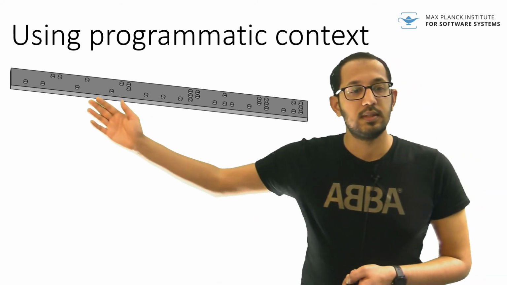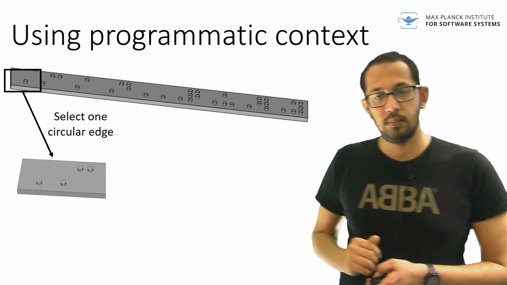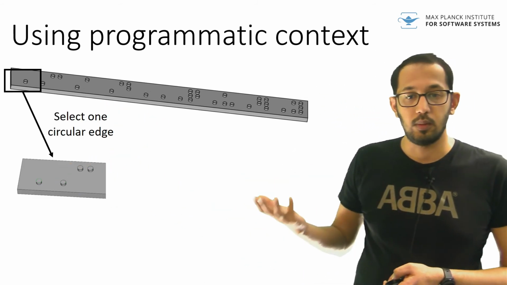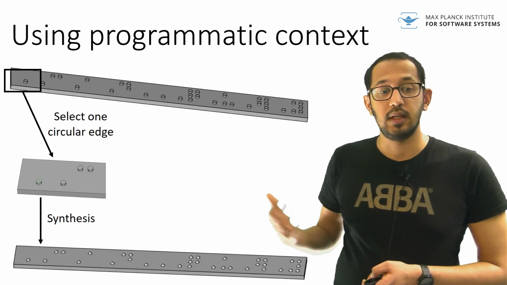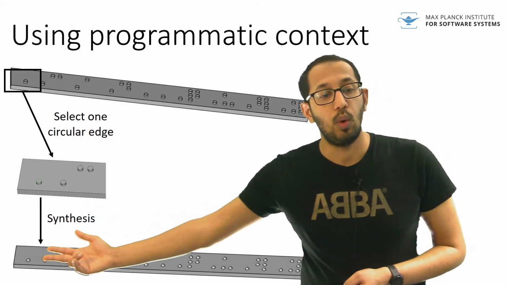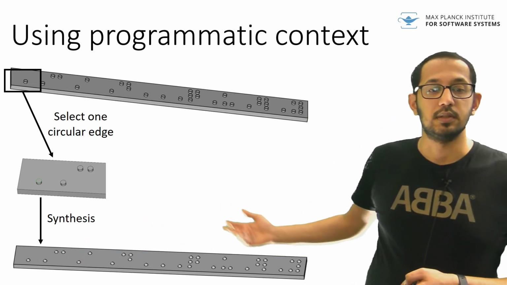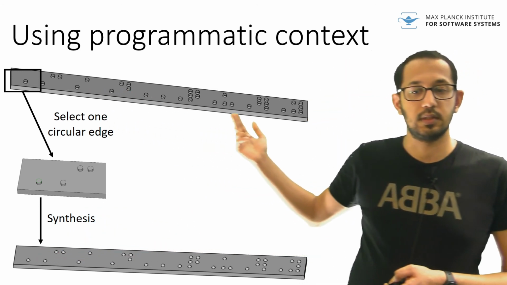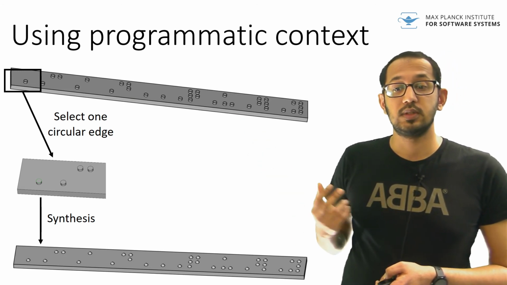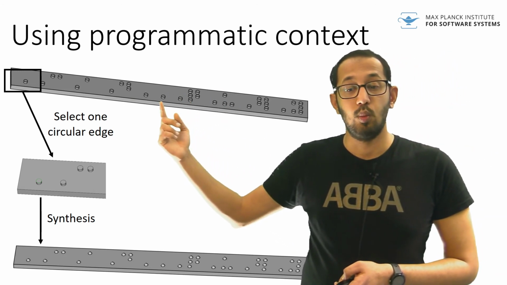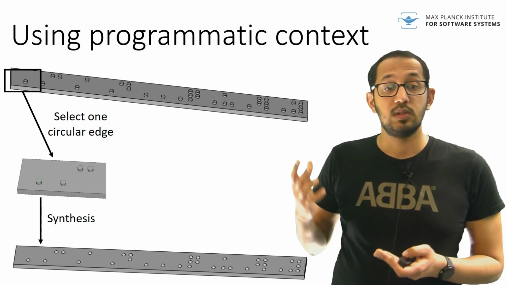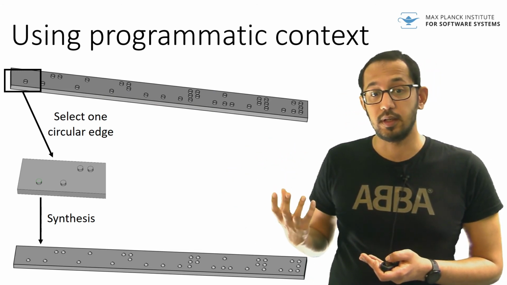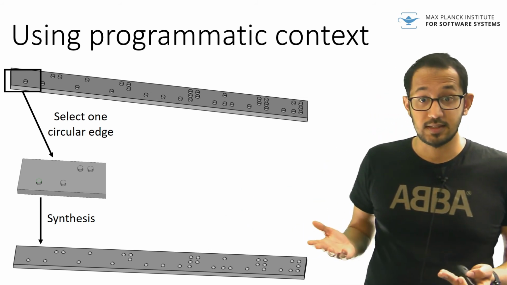Now if we select one circular edge here, so let's say this one, and we round it, what our technique can do is synthesize a query that can be applied to all of these edges. So all of these circular edges here. We don't need to select each pesky edge one by one in the GUI, nor do we need to think about the whole selection semantically and write a query for it in the code. This is very nice.